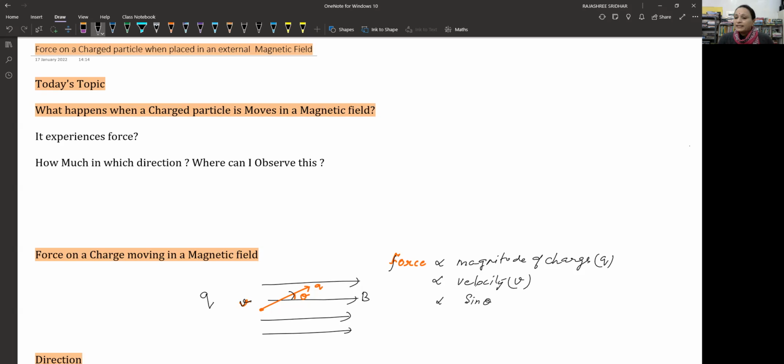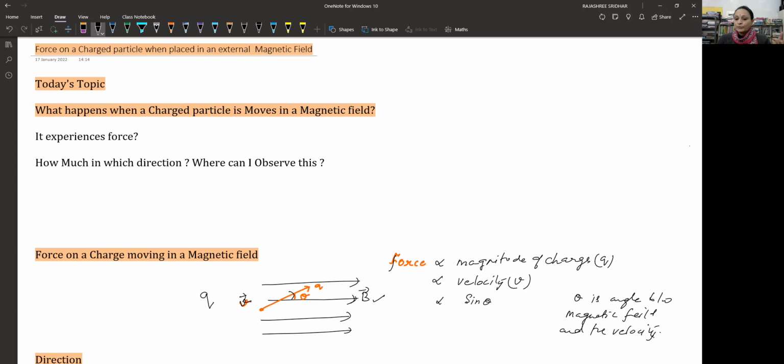That is the angle between the velocity vector and the magnetic field vector. Theta is the angle between the magnetic field and the velocity. It is the angle between two vector quantities: the magnetic field is a vector quantity and the velocity is also a vector quantity.